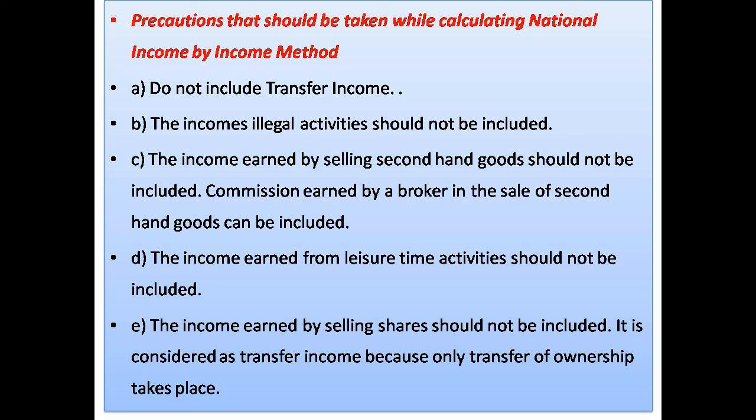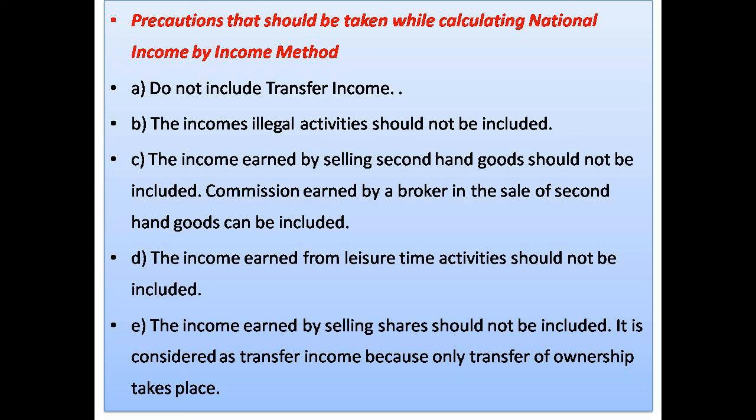You need to be careful and take certain precautions. First one is, do not include transfer income. One of the problems we saw, pension, old age pension. We didn't include it because it's transfer income. So transfer income should not be included.